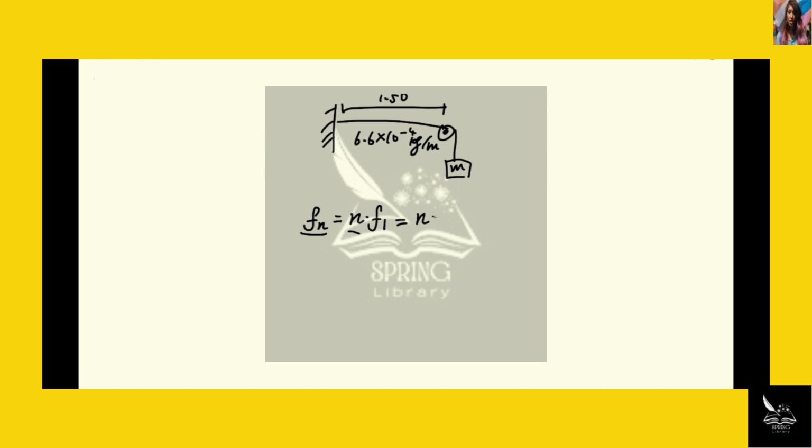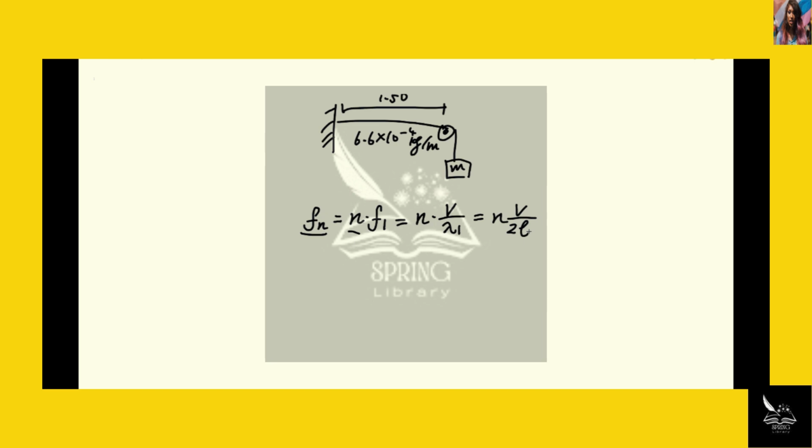Fundamental frequency F1 equals v over lambda 1. But at the same time, we know that for the first harmonic, lambda equals 2L. So we have F equals nv over 2L.